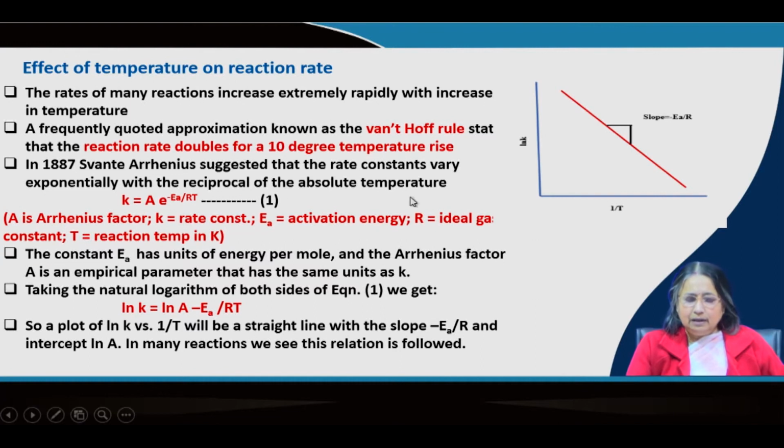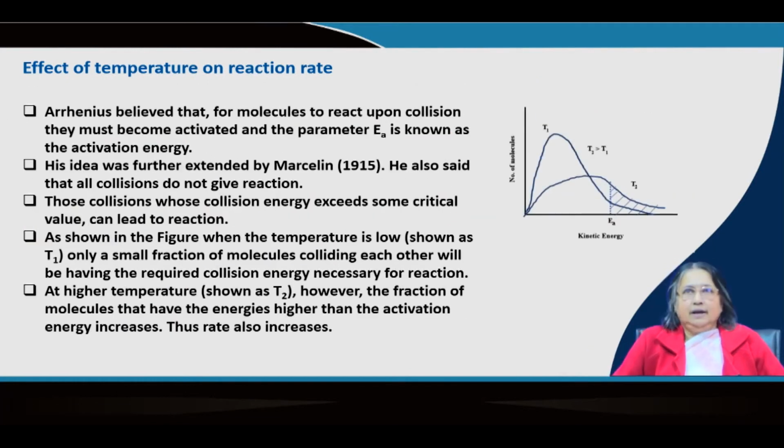But then after determining k, we can plot ln k versus 1 by T. So, we will get a straight line. From the straight line we will get the activation energy Ea, and also the Arrhenius factor. So, this is a very good experiment to determine the activation energy.